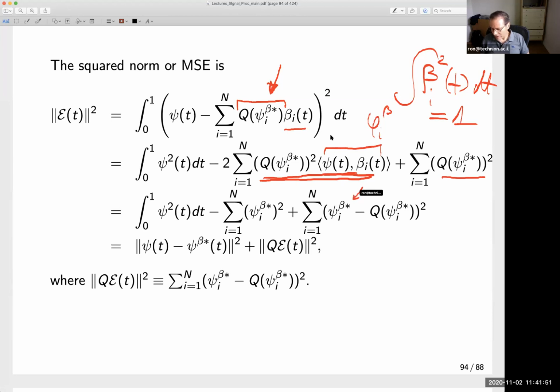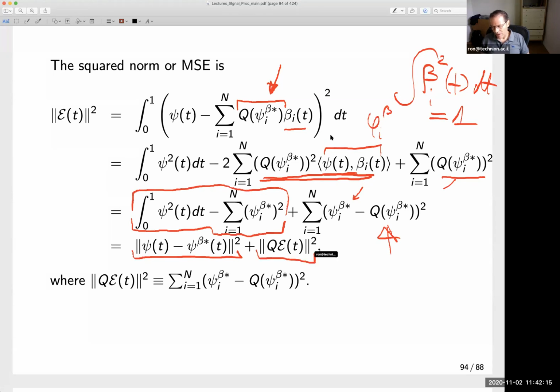What we have here is a sum over the quantized levels. And the first part is nothing but the original projection error. Okay, so what I told you is indeed correct. What I have here is the squared error of projecting onto the beta space plus the squared error of quantizing.